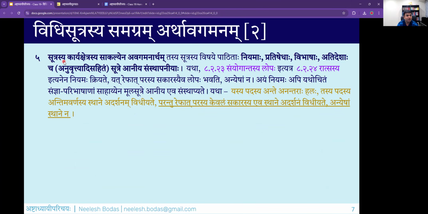Actually, are you climbing Himalaya or not? So we now want to convert this eligibility into the actual vidhi, into the actual action. So that is the karya kshetrasya avagamanam. We understood the detailed meaning, but where is the sutra applicable? So sutrasya karya kshetrasya avagamanam avashyakam vartate.